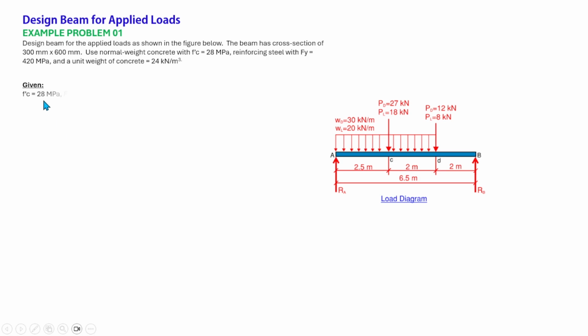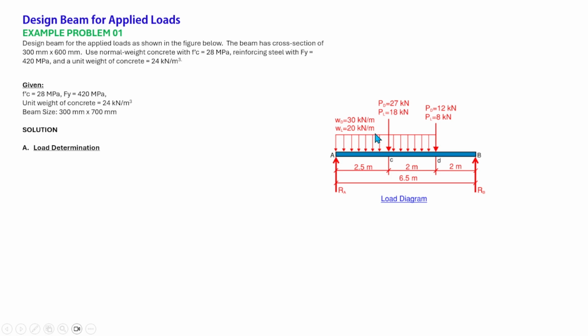So we are given these basic parameters f'c and fy, and the unit weight of concrete, which is 24 kilonewton per cubic meter. So the solution: first of all, we need to determine the load.